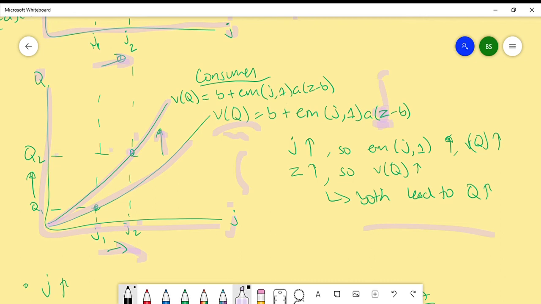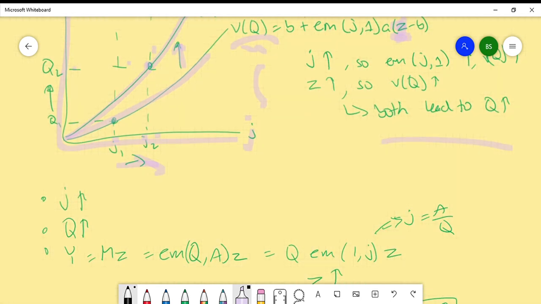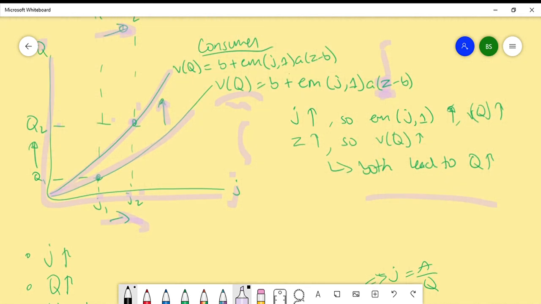That is cool. Now we're going to look at the effect on all these variables. First, J, we know, increases. Next, Q. Since Z increases, the VQ increases, so Q increases.